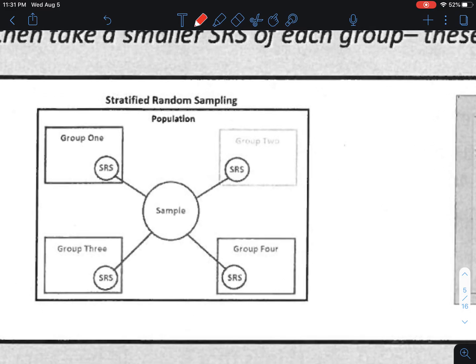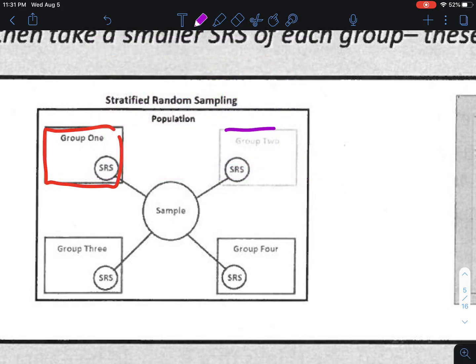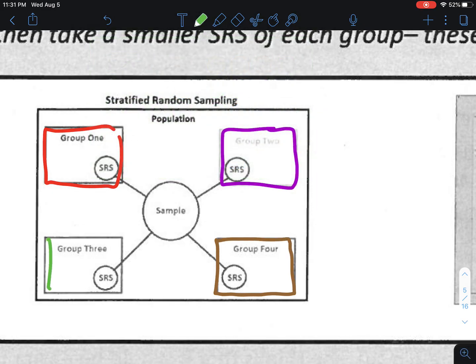Here's a nice little picture for stratified. You have group 1, which is similar for some reason. You have group 2, which is similar. It doesn't have to be based on age. It could be just based on whatever the question is, right? Football players, baseball players, and so forth. And you have 4 different groups which are all similar in some way.